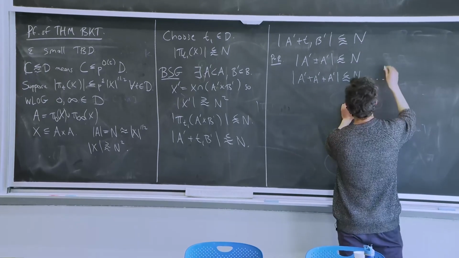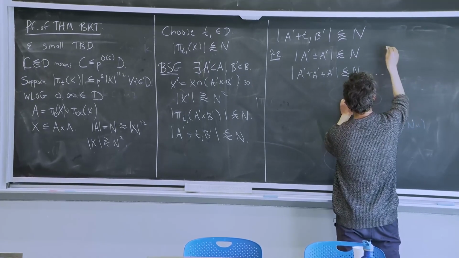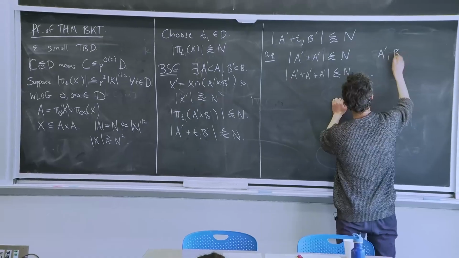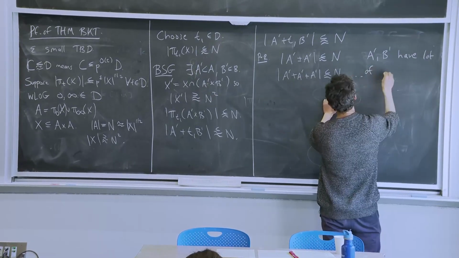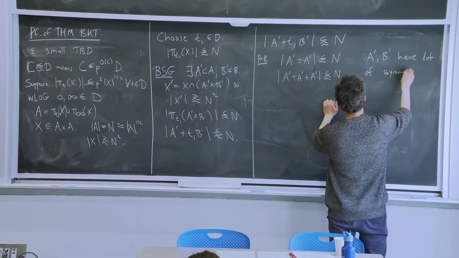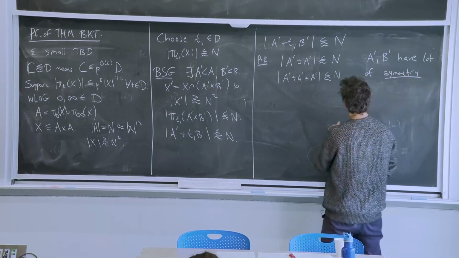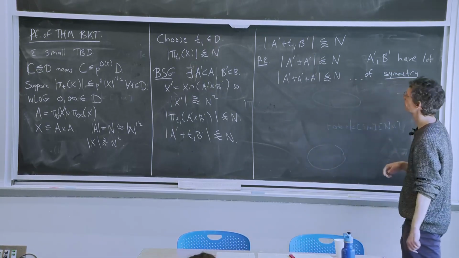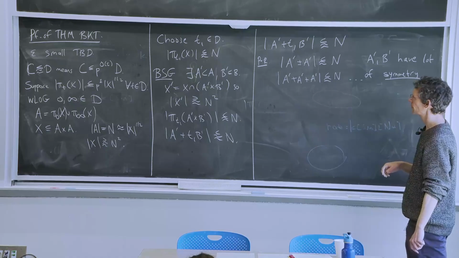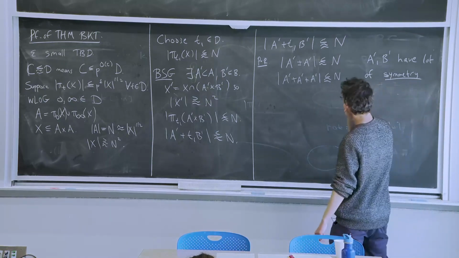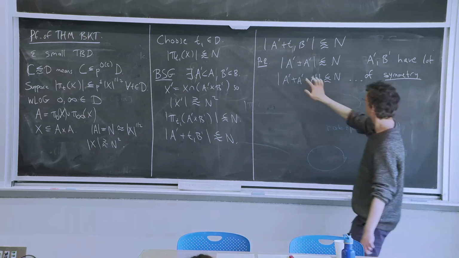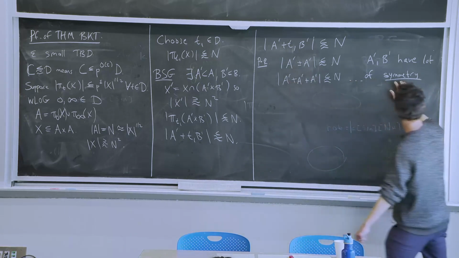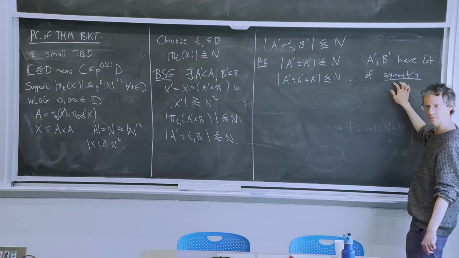So now we see that A' and B' have a lot of structure. And actually, I'll use the word symmetry. I'll draw you a picture in a minute of how I visualize this and why I use the word symmetry.